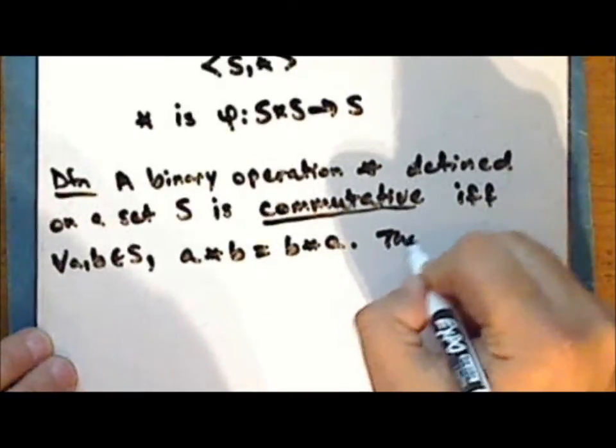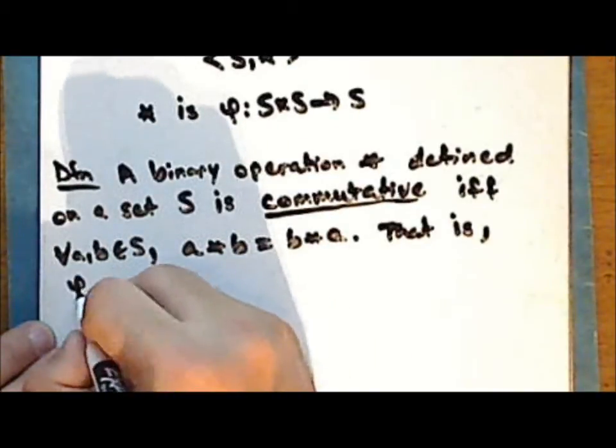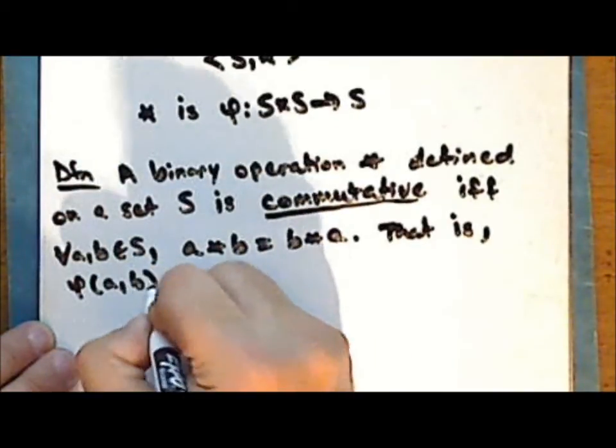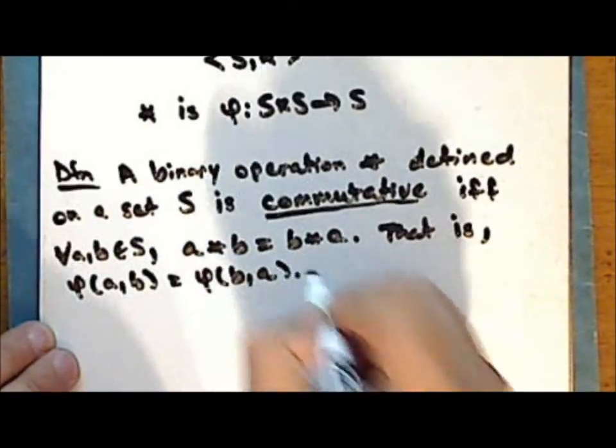So in terms of the function phi, this means that phi of the ordered pair A, B is the same as phi of the ordered pair B, A.